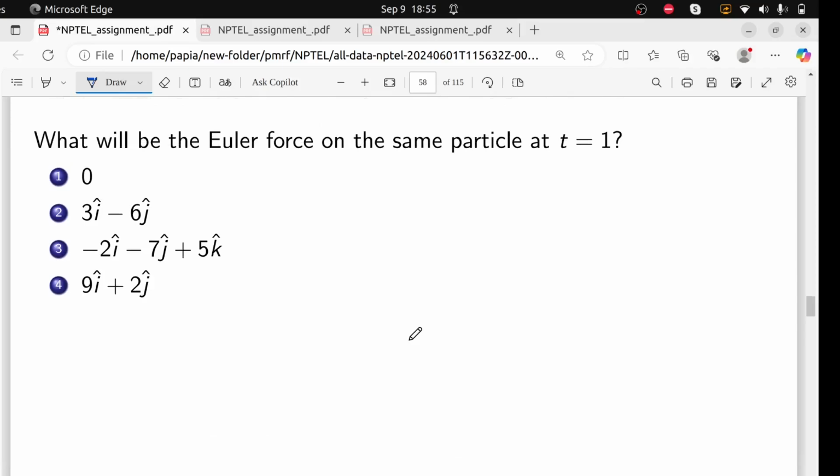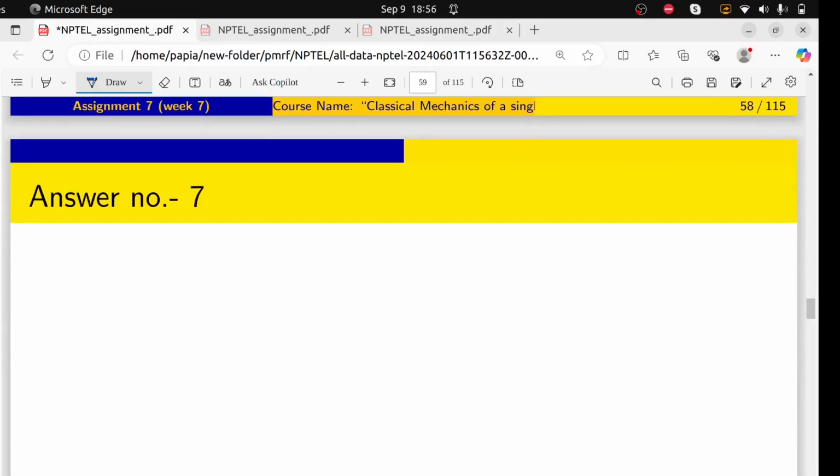Now, what will be the Euler force on the same particle at t equals 1?